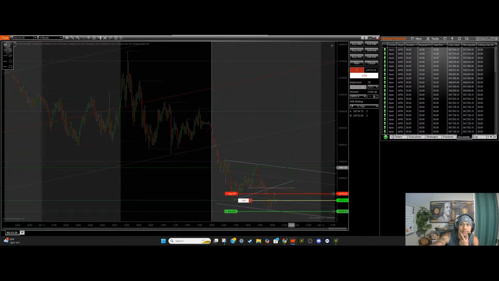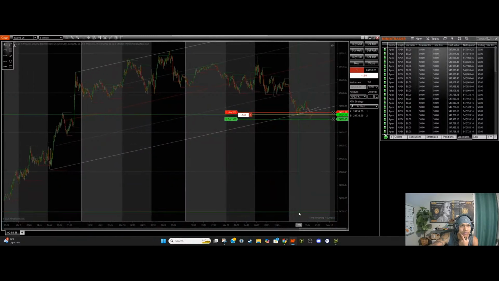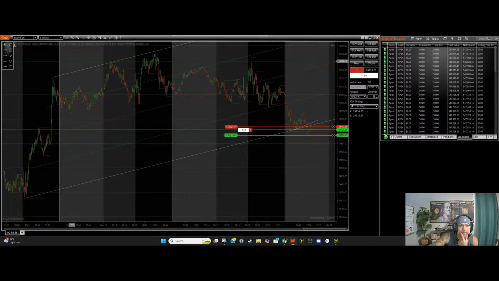The chop. The chop is real. Why do I need to get chopped up here? Maybe we'll just definitely stick to the downside.